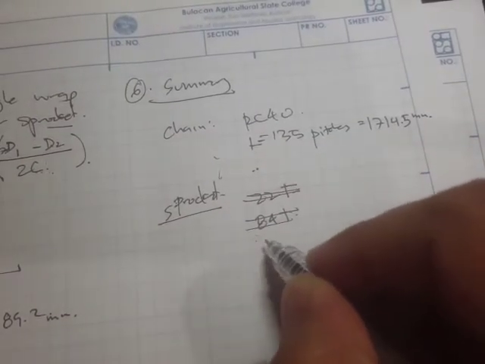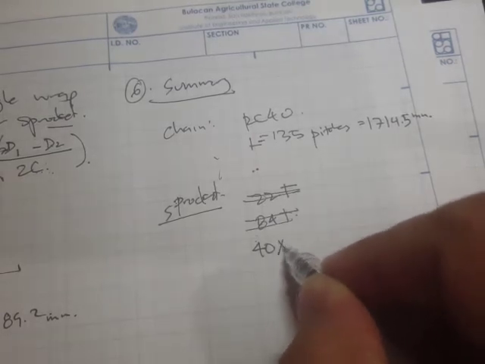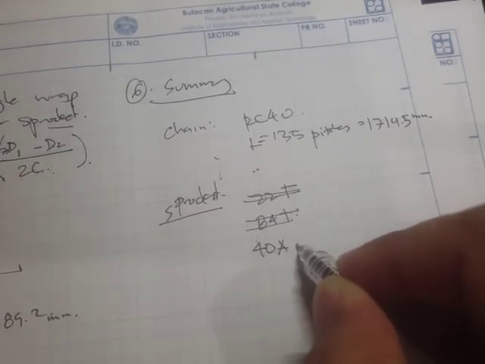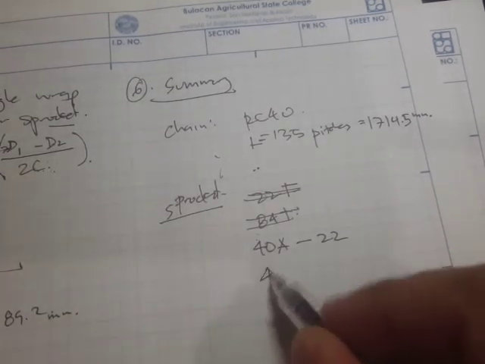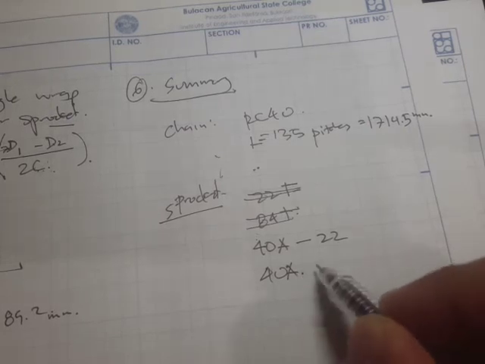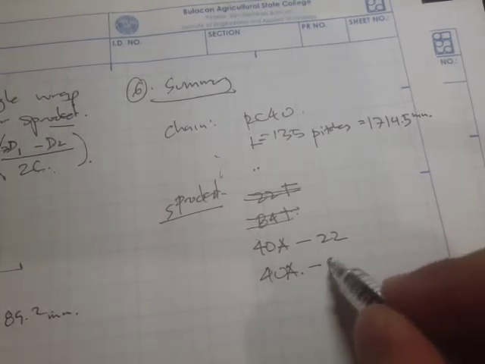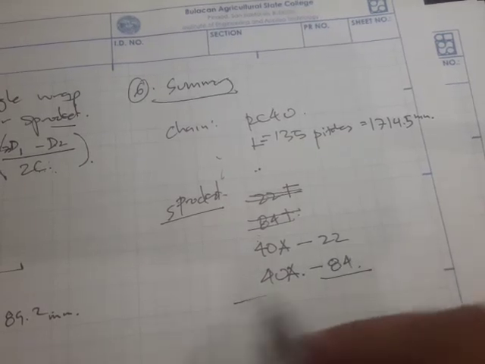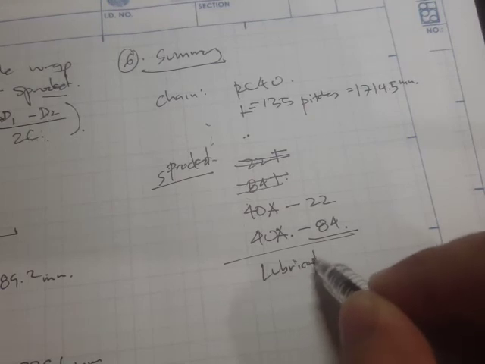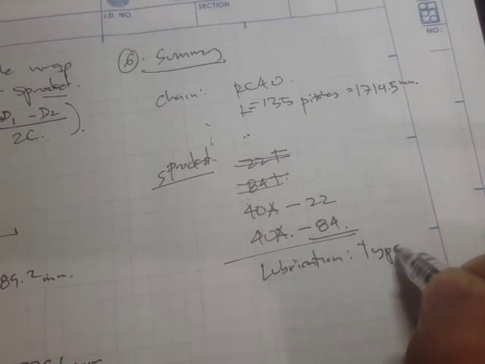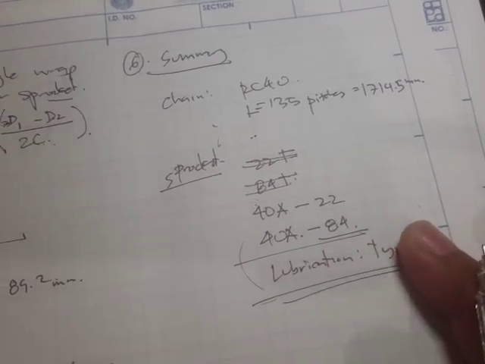I think that's RC40, let's say type A, and for the number of teeth here 22, and then another one is 40 with 84 teeth, type A, or if you want type B or type C, whatever. Okay, so here's our specification, and the lubrication is type B. Okay, so that's it.